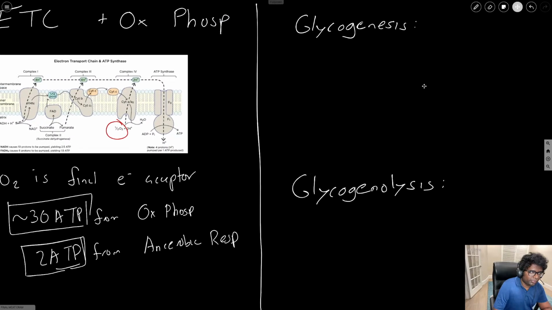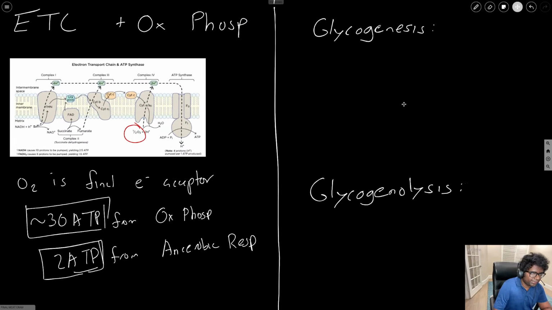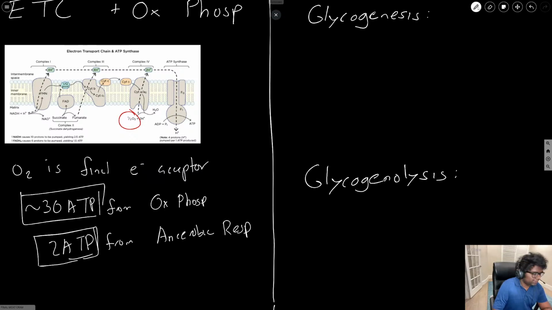Glycogenesis and glycogenolysis. Tongue twister. I think with glycogenesis, I'll just talk about glycogen synthase. Now it's a synthase, so you know that it's creating something. It is creating alpha 1,4 glycosidic bonds.